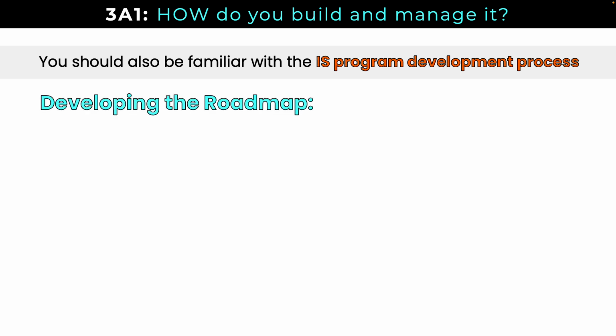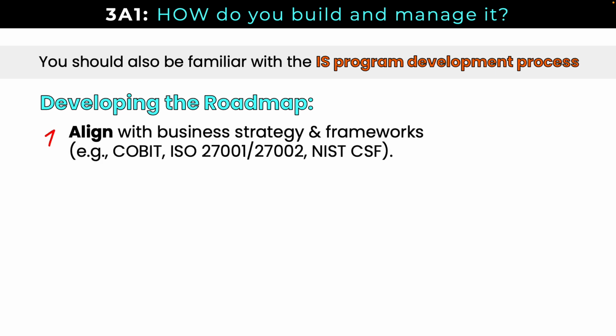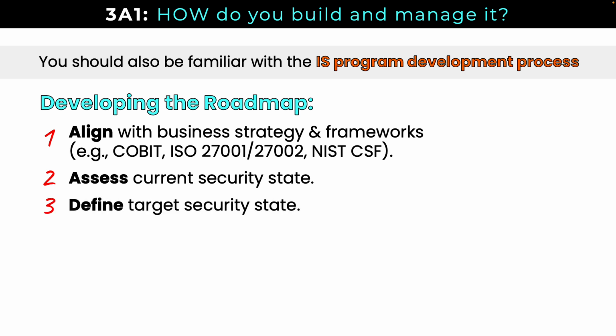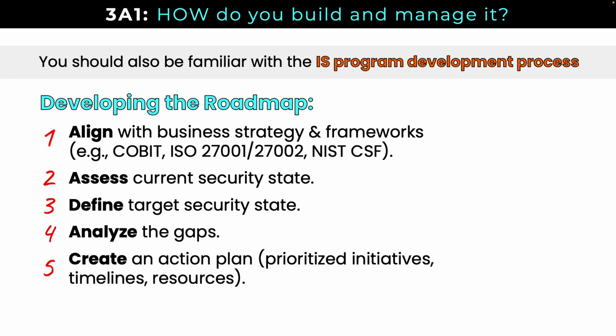So developing the roadmap means aligning with business strategy using frameworks as our guide, frameworks like COBIT, ISO 27001, then assessing the current security state, defining our desired target security state, analyzing the gaps, performing gap analysis, creating an action plan, again, prioritized initiatives, timelines, and resources.